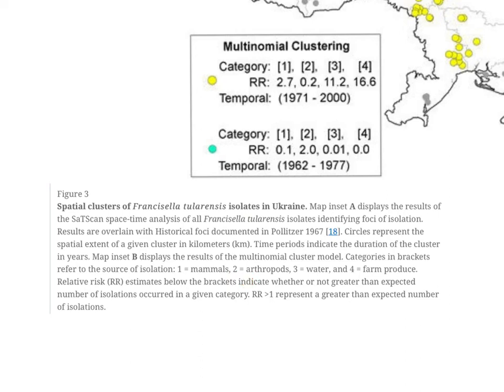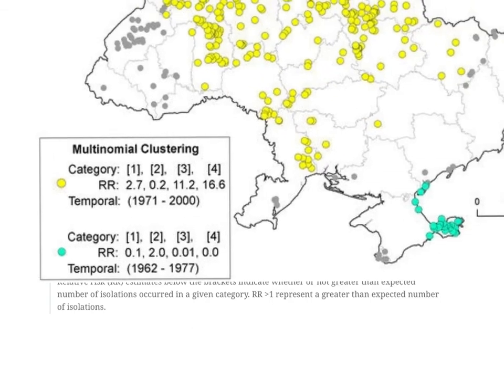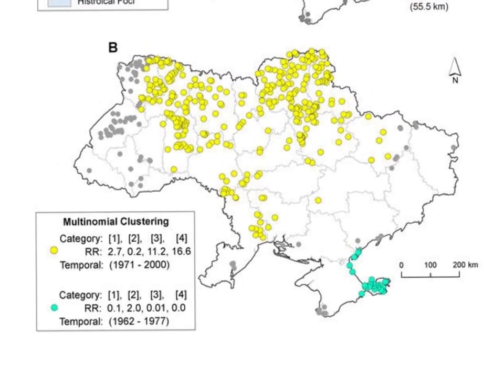So in this case, I'm taking advantage of the map, the figure heading, and the legend to gather the information I need as a reader to understand what this map is trying to tell us about the likelihood of isolating that bacteria from those historical sources.